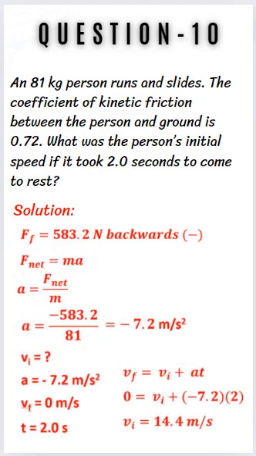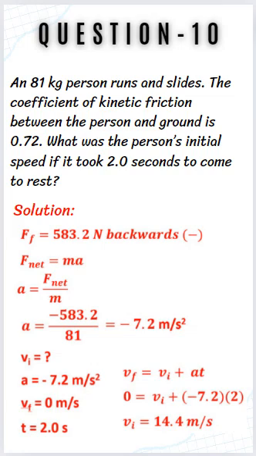In question 10, first calculate frictional force using coefficient of friction and mass of person, which is equal to 583.2 Newton. This backward frictional force causes deceleration of the person. Use the equation force equals mass times acceleration. So acceleration equals minus 7.2 meters per second squared.